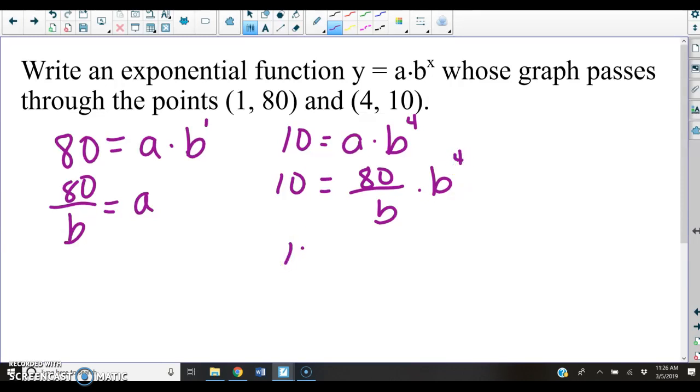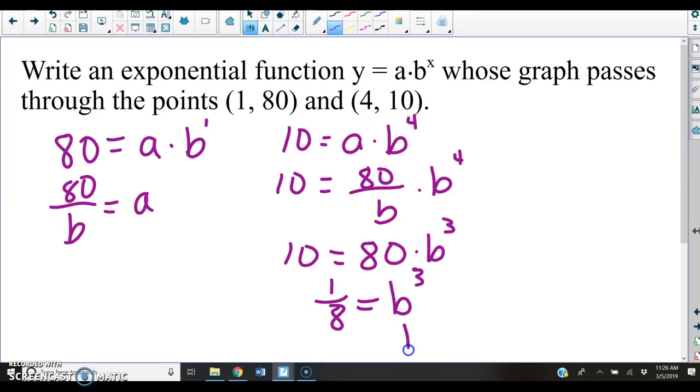And when we simplify, we'll get 10 equals 80 times b cubed. So when we divide by 80, we'll get 1/8. And hopefully all of you can find the cube root of 1 and the cube root of 8, so b is 1/2.